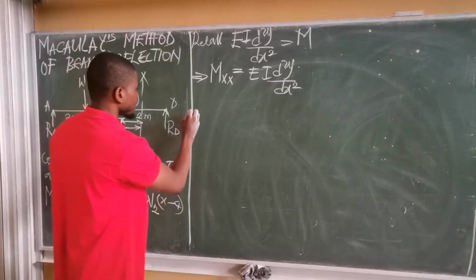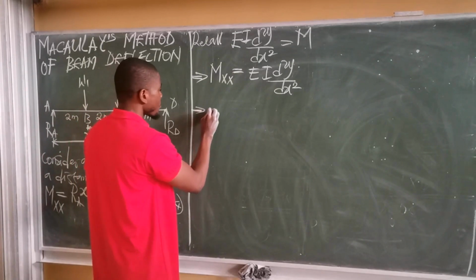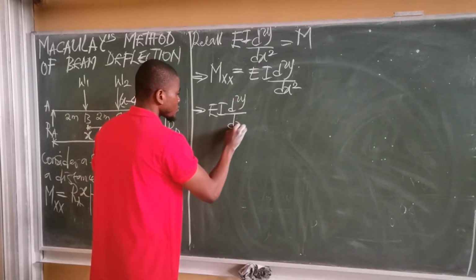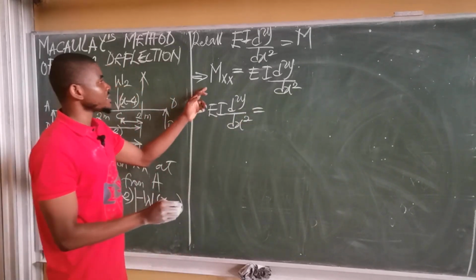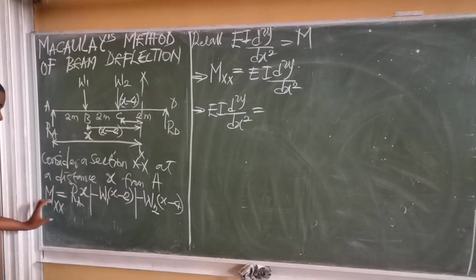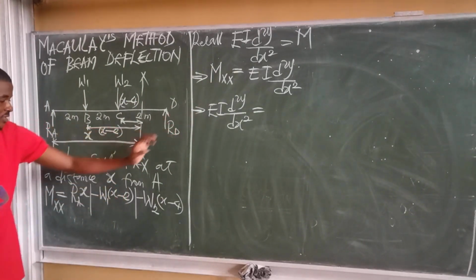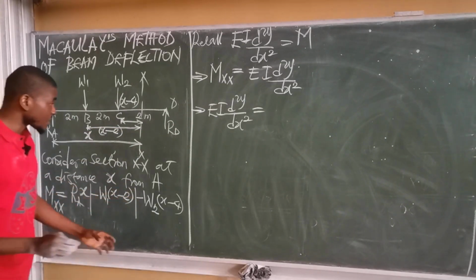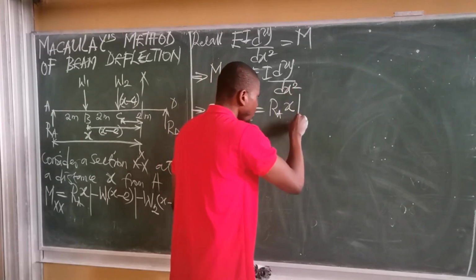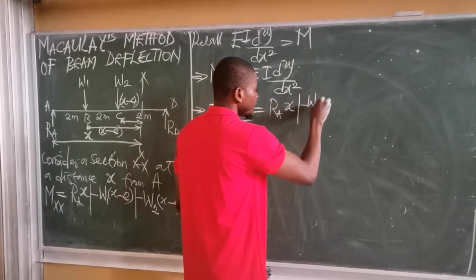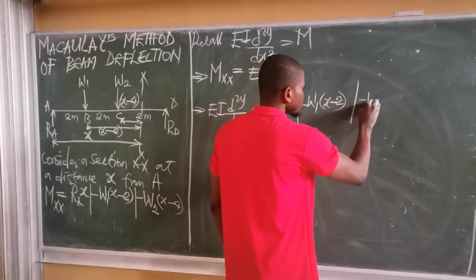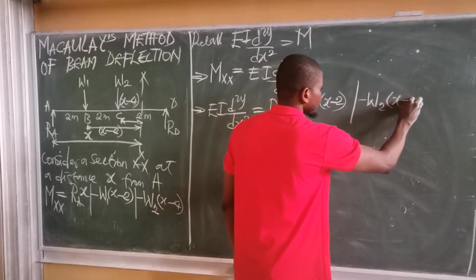That simply now implies that I will now have EI d squared y over dx squared. We said that's equal to moment about xx, and moment about xx, we've obtained from Macaulay's method as simply this. So the whole of this equation is simply equal to this. So let's bring this down. We have RA x, Macaulay's bracket, minus W1 into x minus 2, Macaulay's bracket, minus W2 into x minus 4.